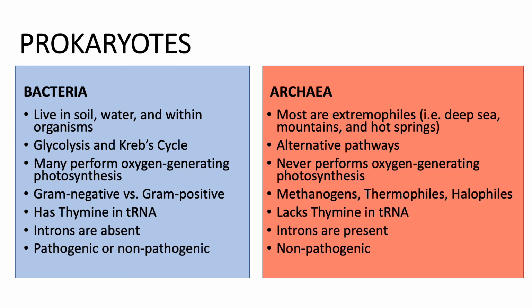In bacteria, introns are absent, whereas in archaea, introns are present, and introns are just the non-coding regions in DNA and RNA. And the last important thing to note is that bacteria can be pathogenic or non-pathogenic, whereas archaea are non-pathogenic, which just means archaea are not disease-causing, ever. The bacteria can be disease-causing or they can be not disease-causing.